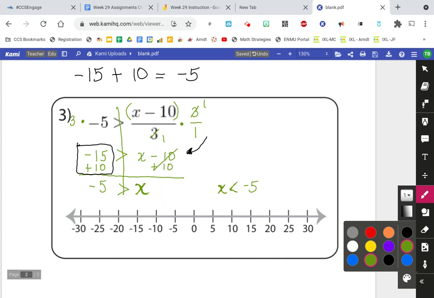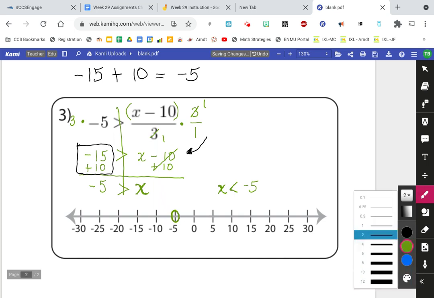So I hope you remember that we would need an open circle for a less than symbol. So I'm going to put an open circle at negative 5. And then I need to color in all numbers that are less than negative 5 on my number line.